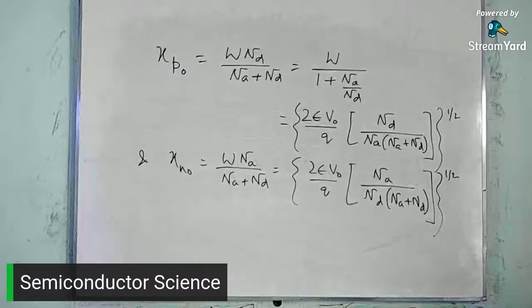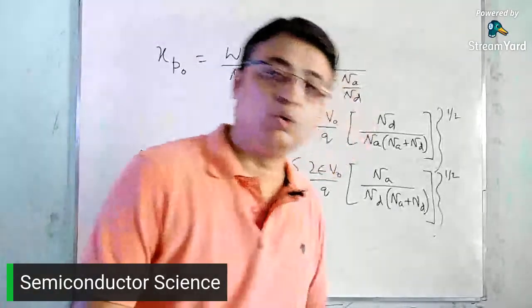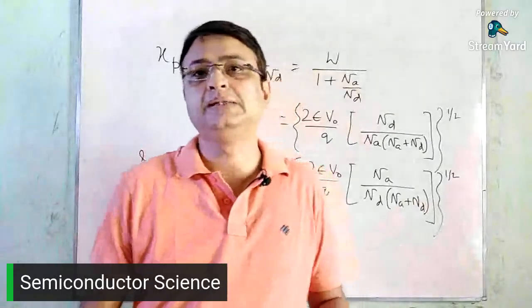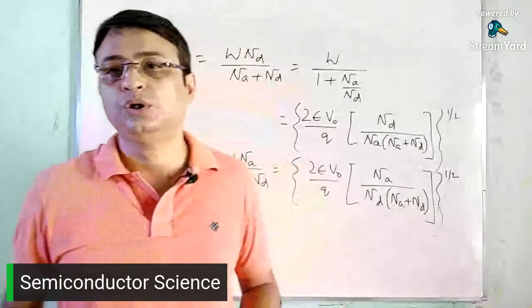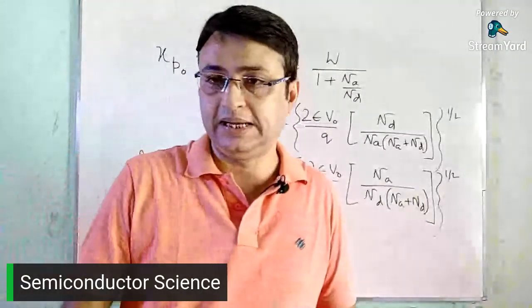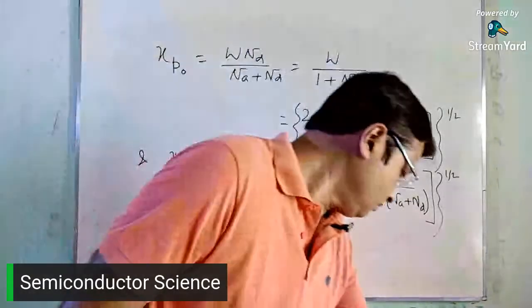Now let's move on to PN junction under applied bias. So we have already concluded the discussion about the PN junction in equilibrium. Now we move on to the PN junction when it is biased. That is, now we are moving on to the bias condition.